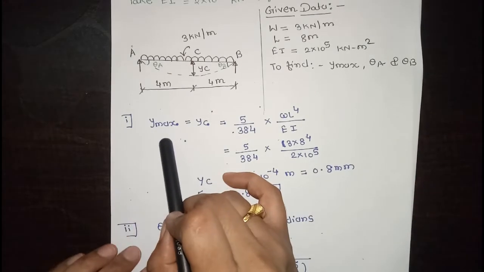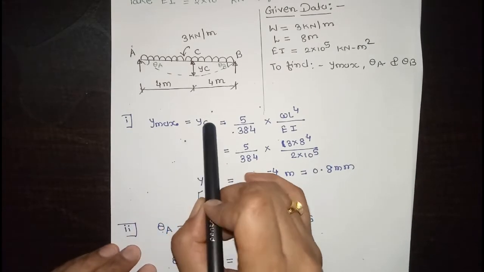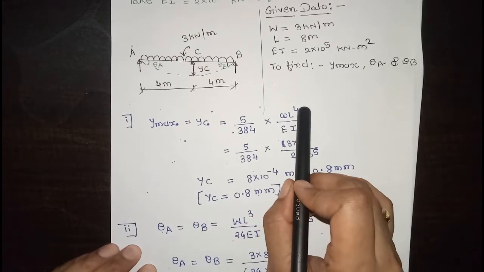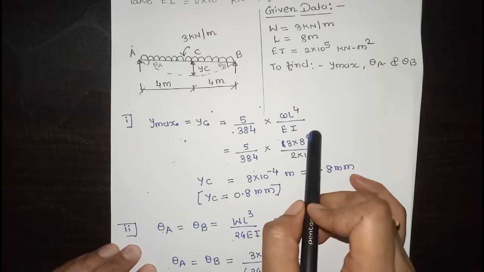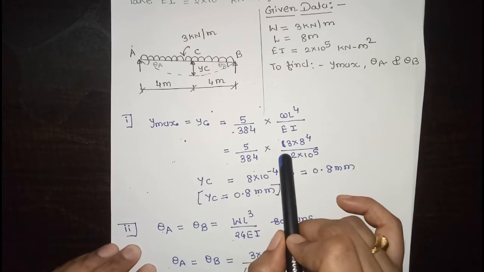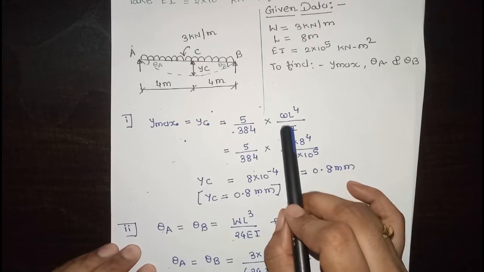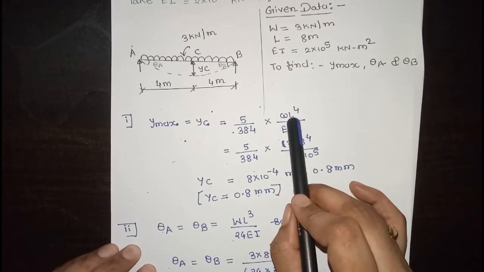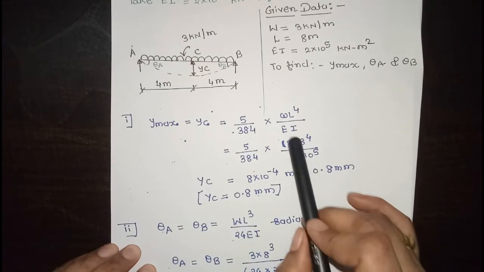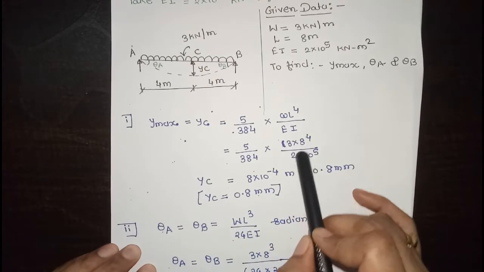Okay, so first of all, what is the formula of deflection for simply supported beam with UDL? So first formula, y max is equal to yc is equal to 5 by 384 into WL raised to 4 divided by EI. So 5 by 384 into, what is the value of W? 3 into L, 8 meter, so 8 raised to 4 divided by EI.